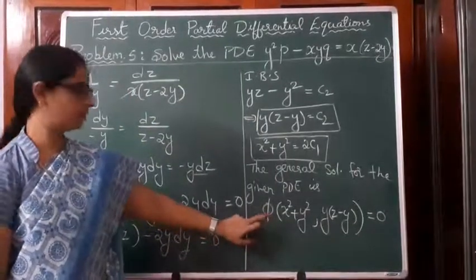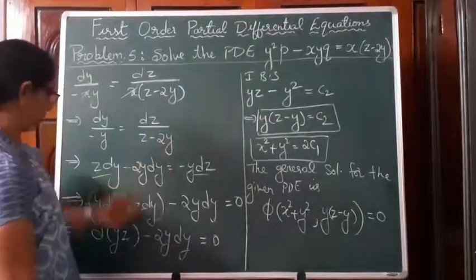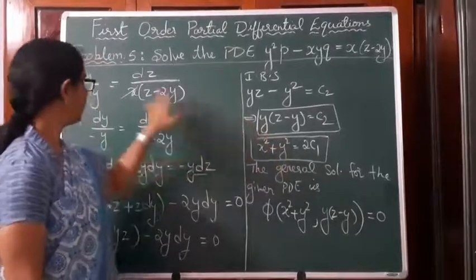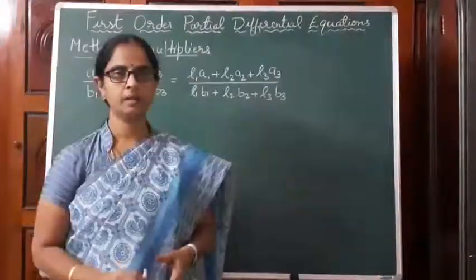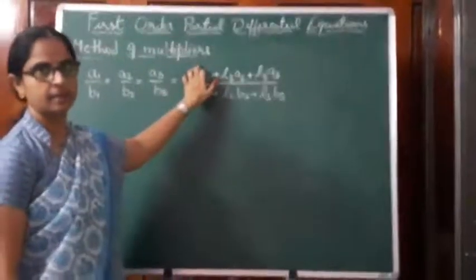This is the general solution of this given PDE. So here for the first set we used the method of grouping, and for the second one we simplified and then we integrated. Now let us see what is the method of multipliers.